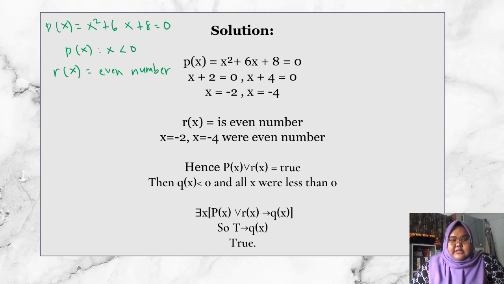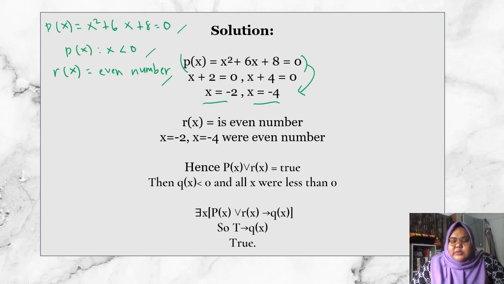Based on the statement, this is a P(x) function. We have to factor this function and get the answer. There is x equal to -2 and x equal to -4. R(x) is an even number. x equal to -2 and x equal to -4 are even numbers.